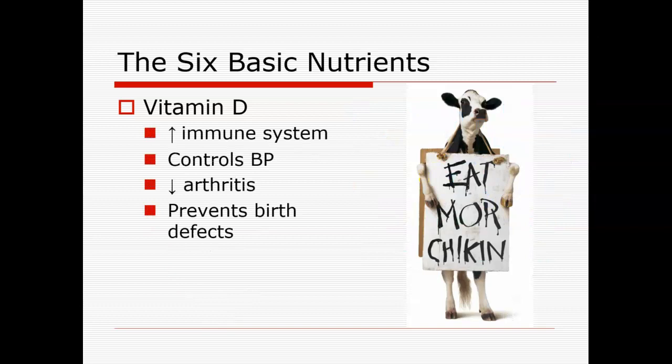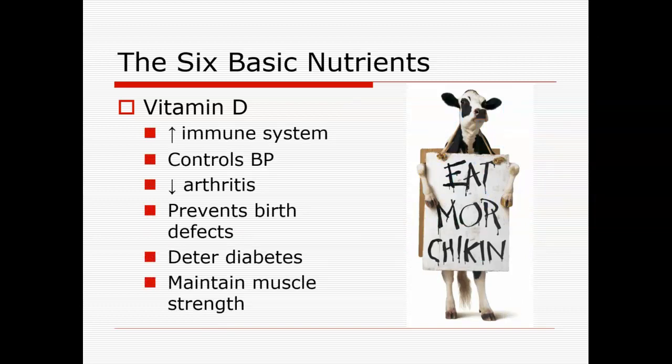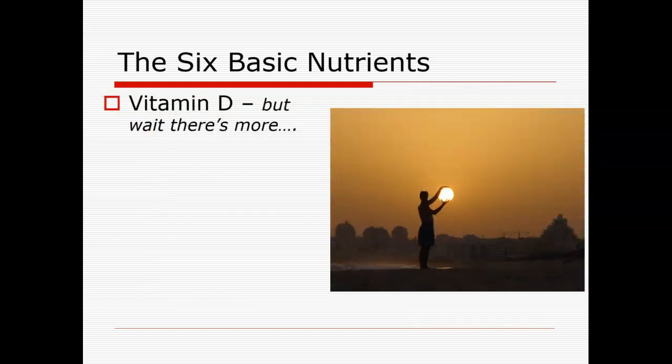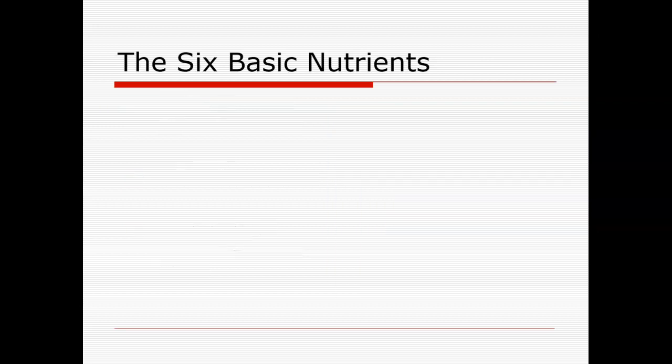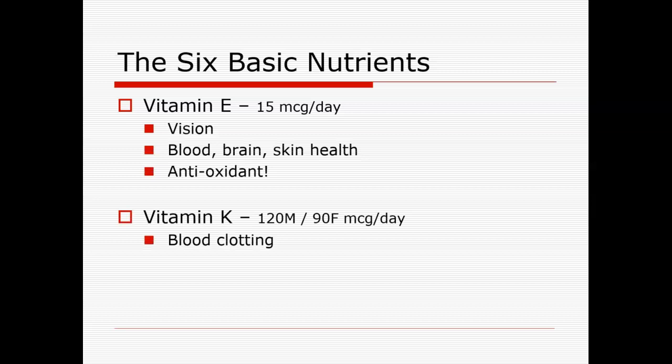There's birth defects, arthritis, blood pressure. Man, there's a whole bunch. Look at all these things. Maintain muscle strength. Is there more? Oh, heck yeah, there's more. So there's a number of things that vitamin D does, I'm going to stop it right there. A lot of things that vitamin D does, and so make sure you have a good concept or idea of what those are. All right, then we get into the rest of the fat-soluble vitamins.